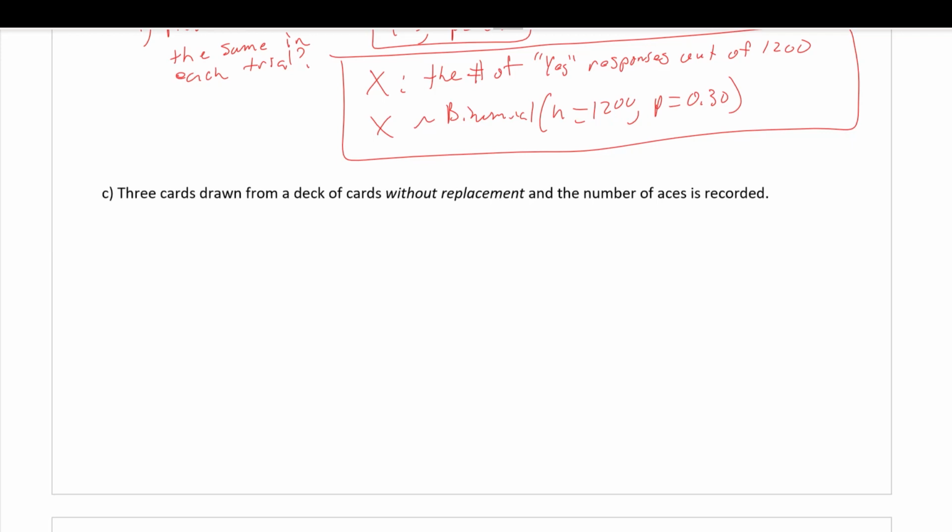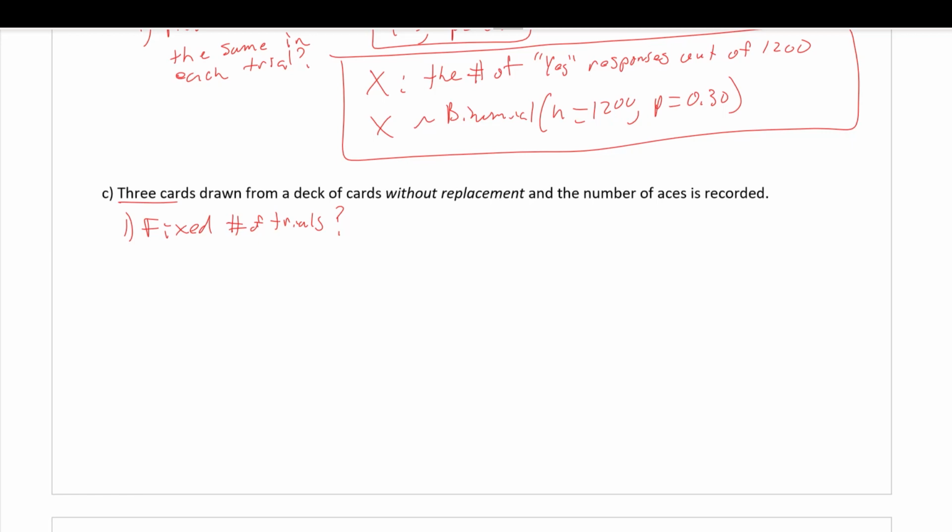All right, so 3 cards drawn from a deck of cards without replacement, and the number of aces is recorded. Do we have a fixed number of trials? Okay. They're saying that 3 cards are drawn from a deck of cards without replacement, and the number of aces is recorded.